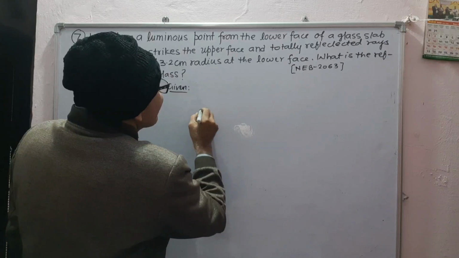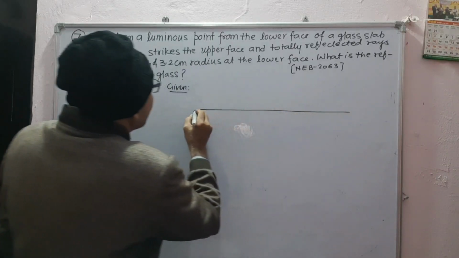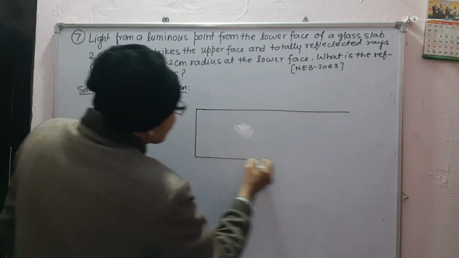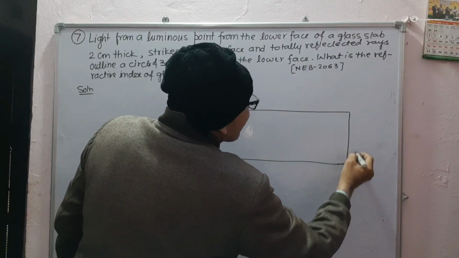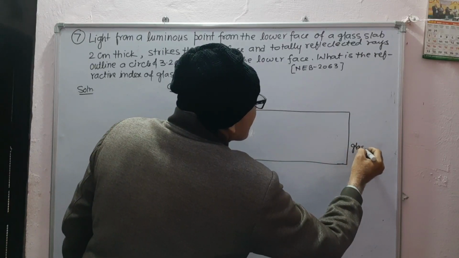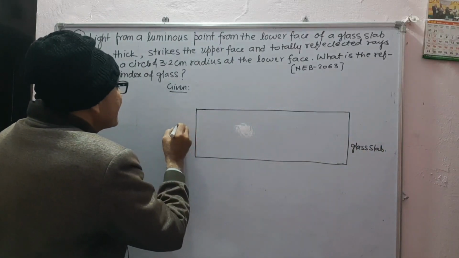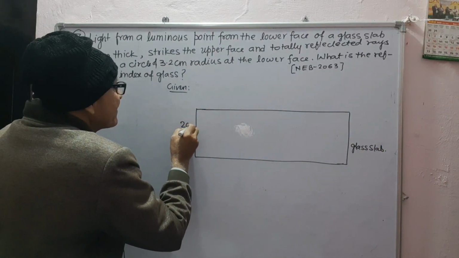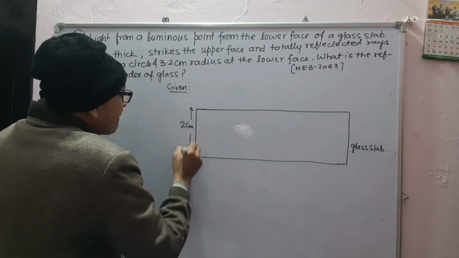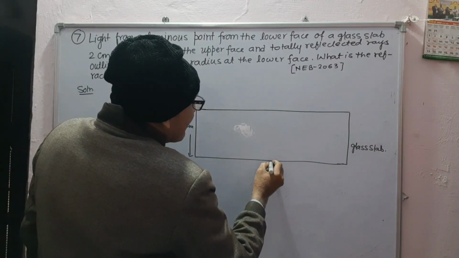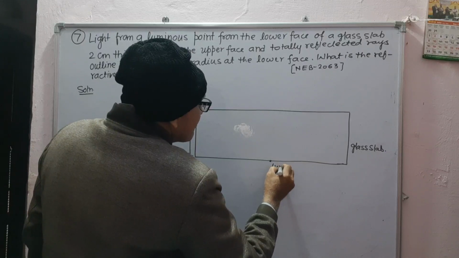Suppose this is the glass slab and its thickness is 2 centimeter.